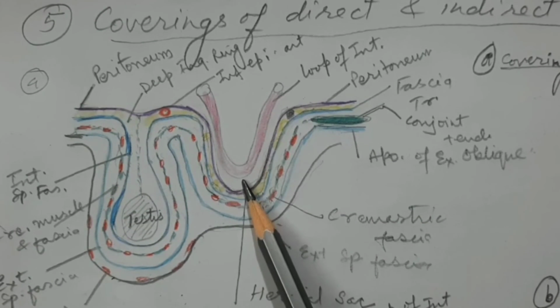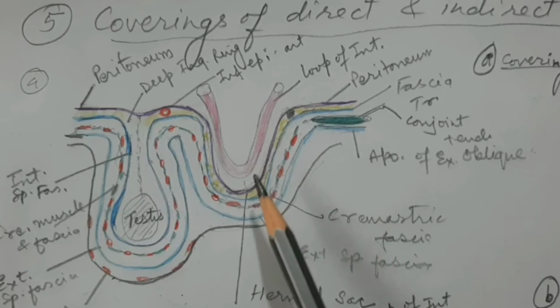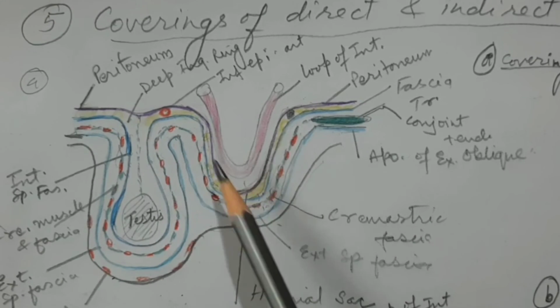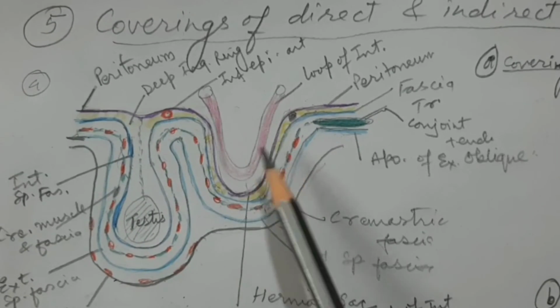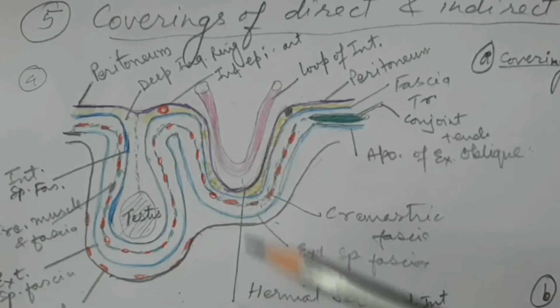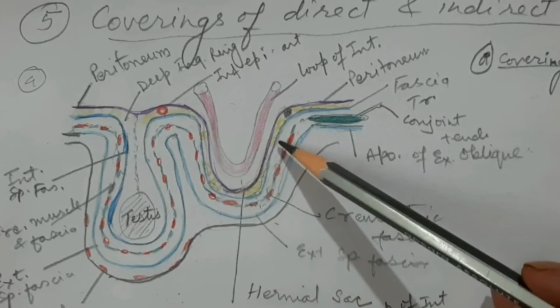These are the coverings of the direct inguinal hernia, which takes place medial to the inferior epigastric artery by pushing its way through the posterior wall.